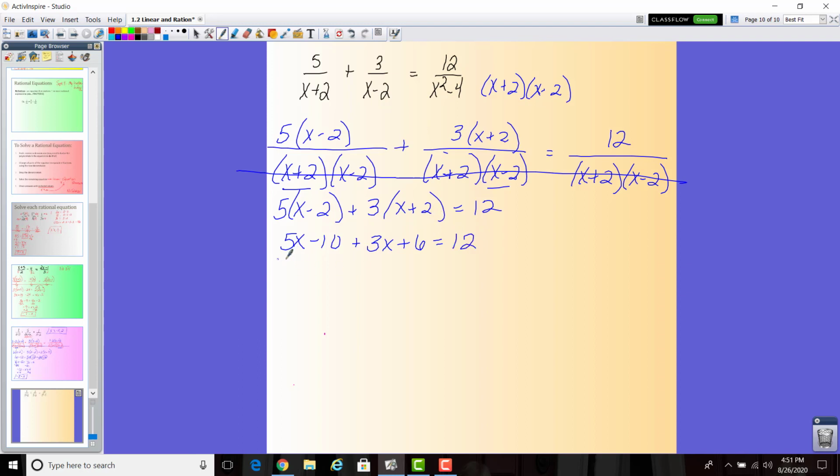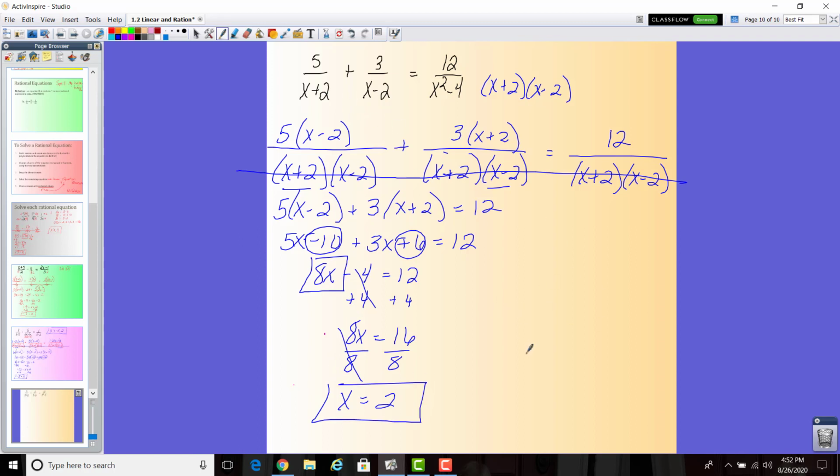I need to combine like terms, so if I have 5x's and 3x's, that means I have 8x's. Negative 10 and positive 6 still means I have negative 4. My x's are all over here on the left, so I'm going to add 4. So 8x equals 16, and I can divide by 8, which means x equals 2.